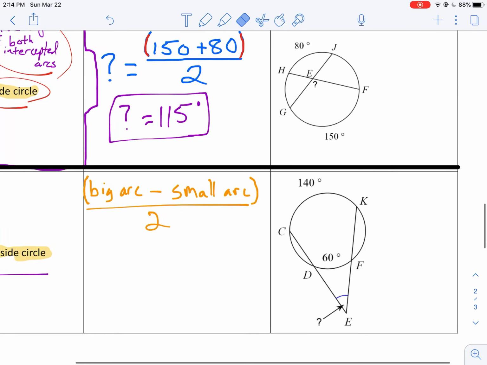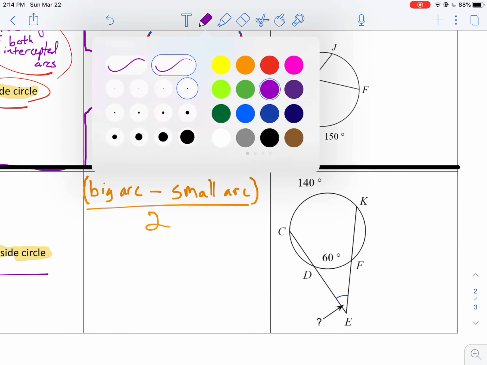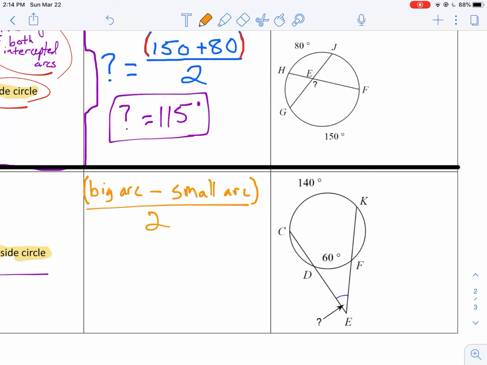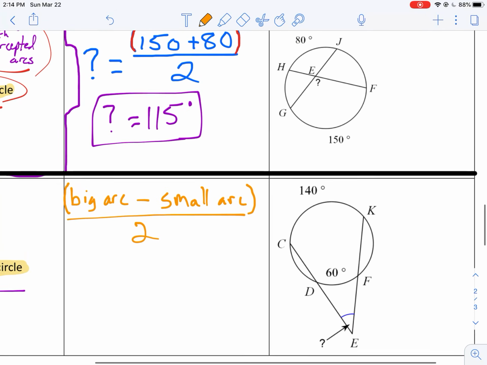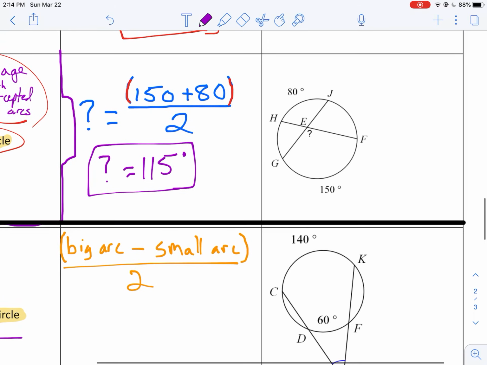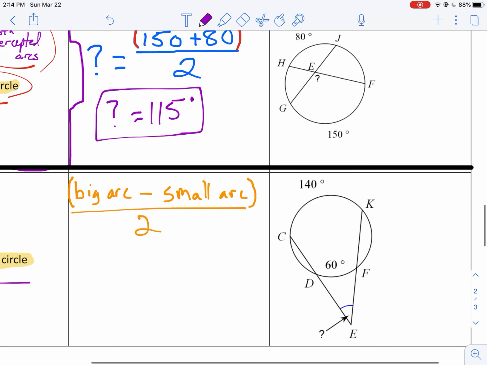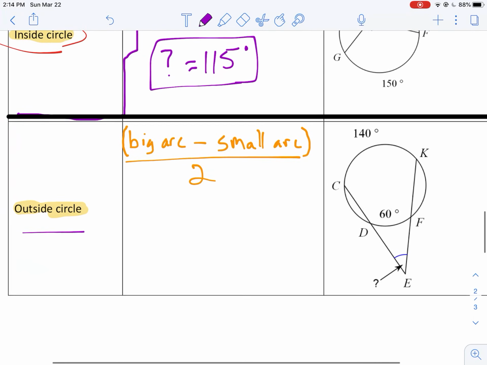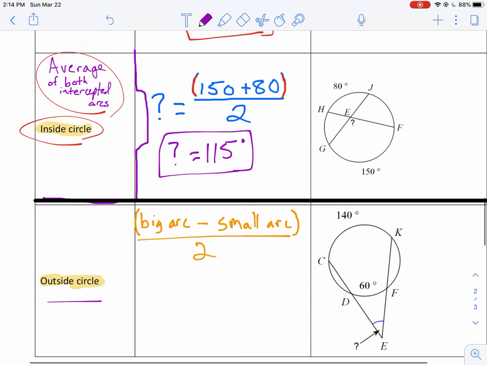Okay, so the formula I wrote right there in orange, okay? It is going to be the big arc, now this is important, minus the small arc. It is not plus anymore, it is minus, okay? And up here it was plus. But now we're switching it to minus. And the order is going to be important for this outside the circle.